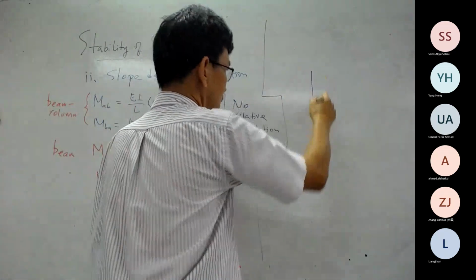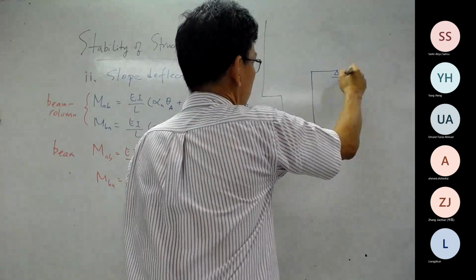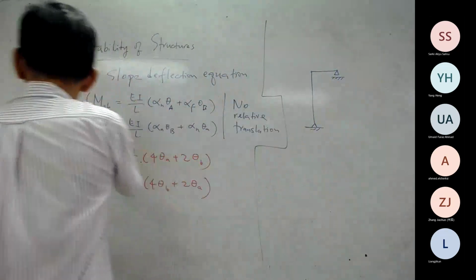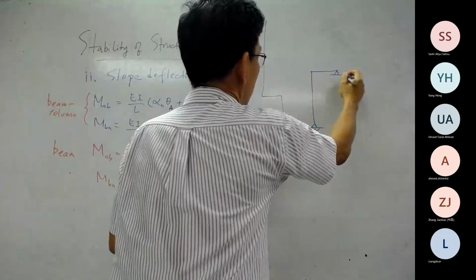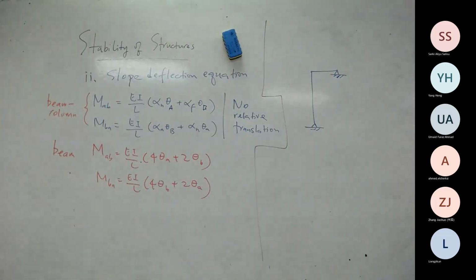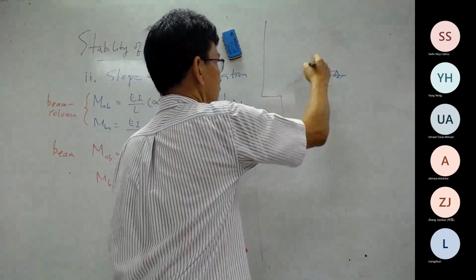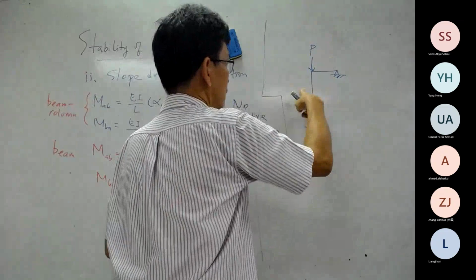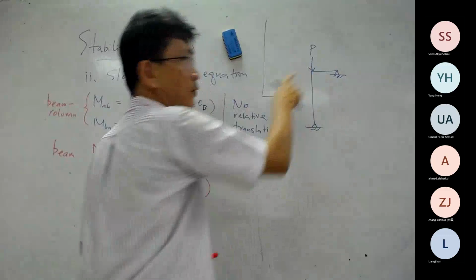This is one of the possible situations where you can solve using slope deflection equations. So you have P here. This is a column, a beam column subjected to axial force. This is a beam, there is no axial force.